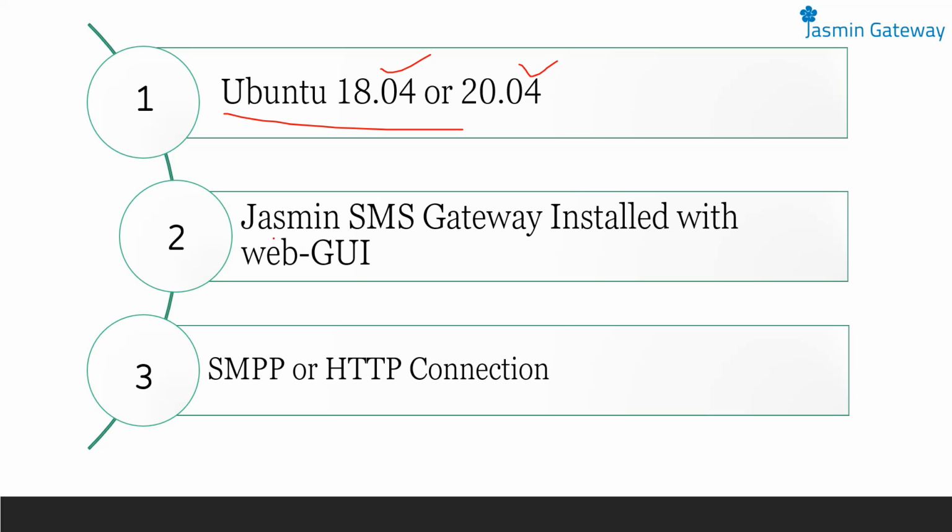Then we need to install Jasmin SMS Gateway on this Linux box with the web GUI. Without the web GUI, it will be a little bit difficult to manage the users and to send SMS. Then we need to have an SMPP or HTTP connection to terminate the SMS.